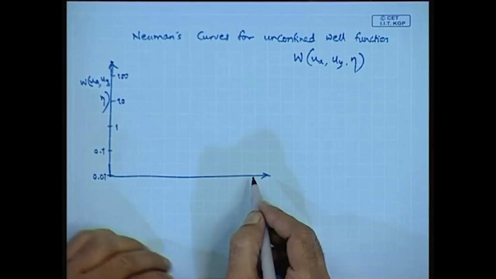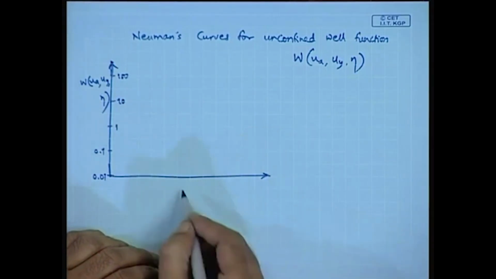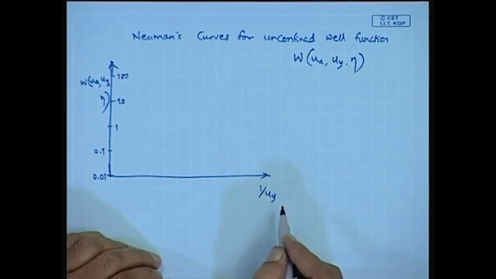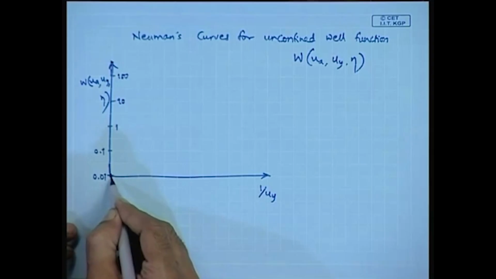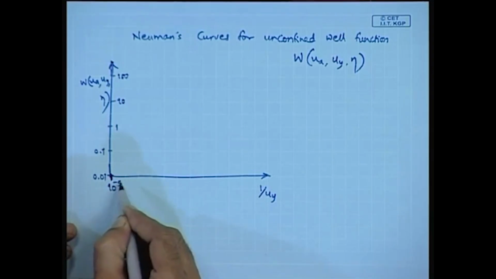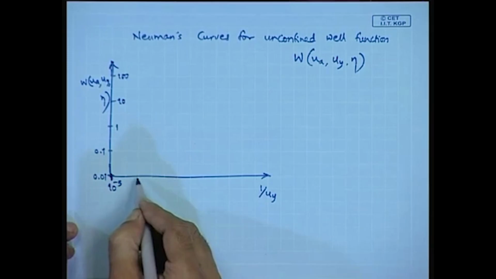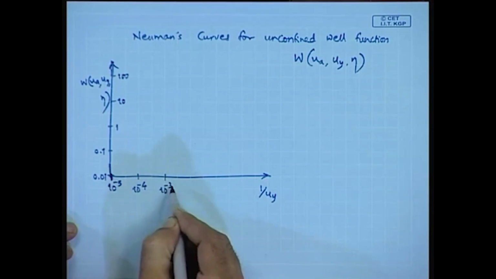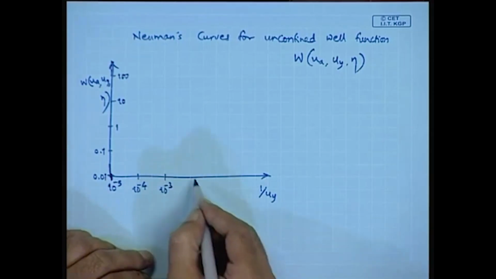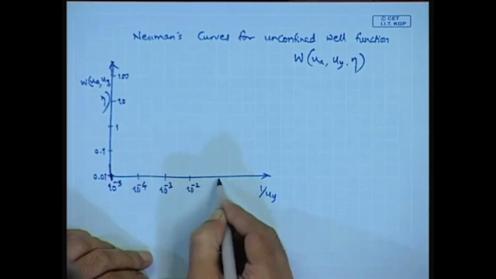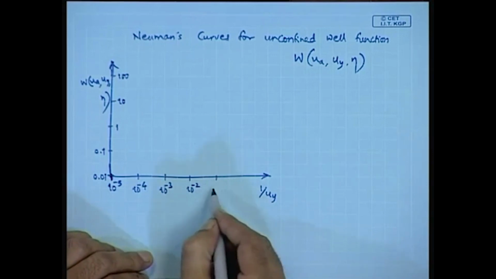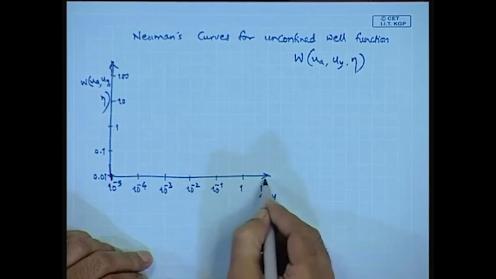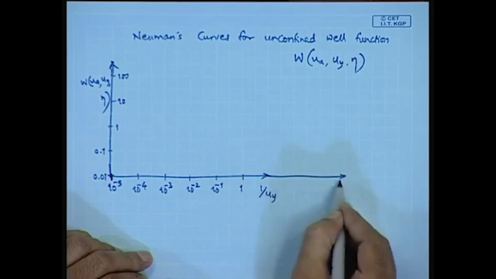And then here we have 1 by uy along the horizontal axis. So, it starts with say 10 to the power minus 5, then 10 to the power minus 4, 10 to the power minus 3, 10 to the power minus 2, 10 to the power minus 1, then this is 1, then it further extends.